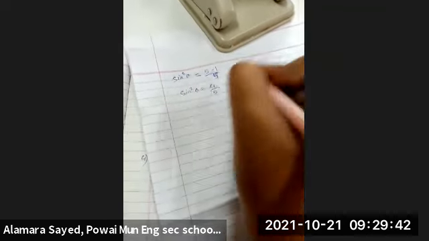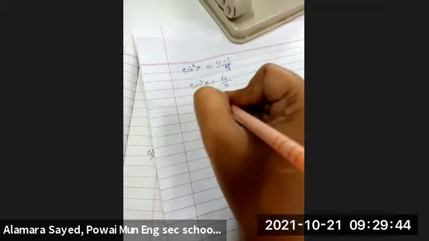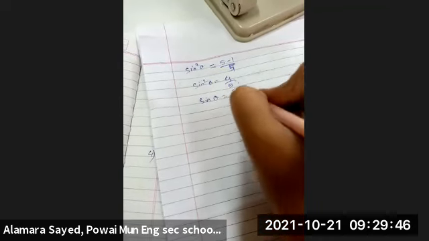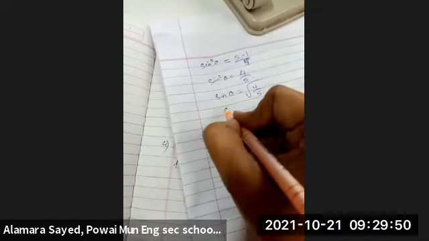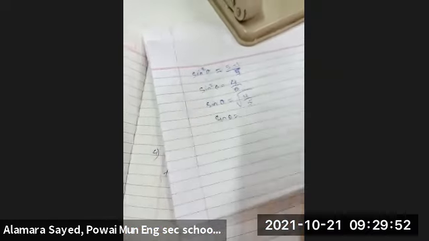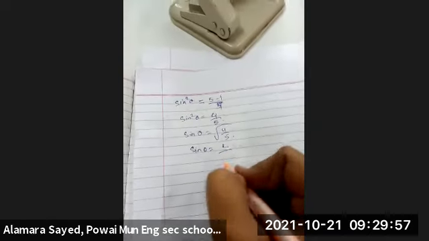This is the value of sine square theta. Sine theta will be equal to under root 4 upon 5, so sine theta will be equal to 2 upon root 5. Here we are getting sine theta also.